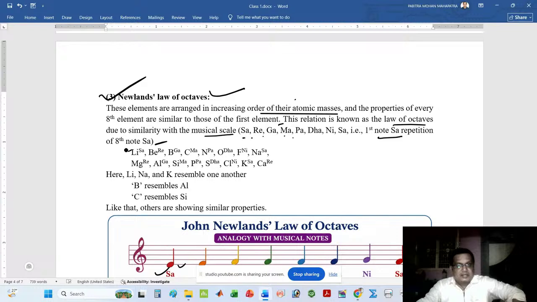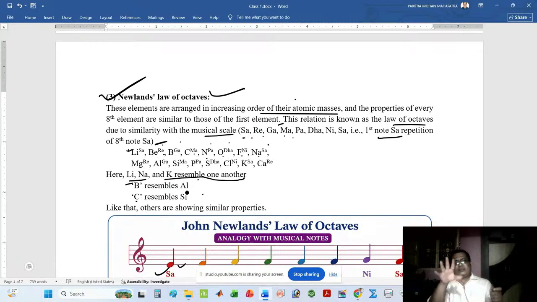Here also it is given: lithium, sa; beryllium, re; boron, ga; carbon, ma; nitrogen, pa; oxygen, dha; fluorine, ni; sodium, sa. Again, sa I will repeat. Here we can say that lithium, sodium, and potassium resemble one another. They resemble in property. Similarly, boron, aluminium, carbon, silicon, like this.